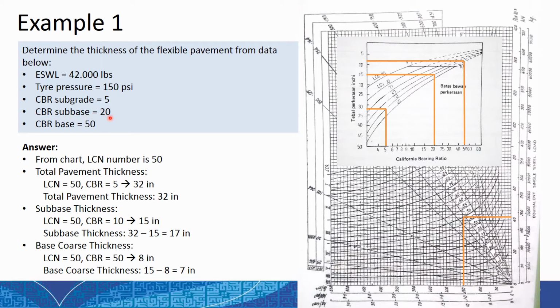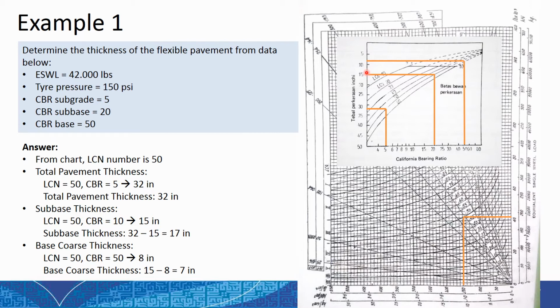So we plot 20, project it vertically until we meet the curve for LCN 50, and then project it horizontally until we meet the thickness, but this is not the subbase thickness.